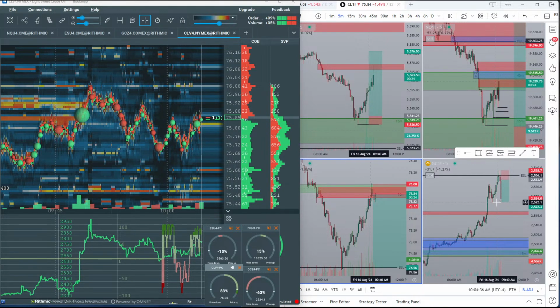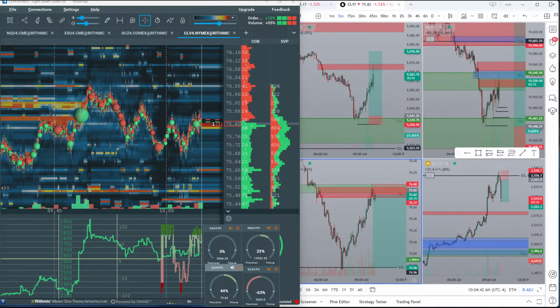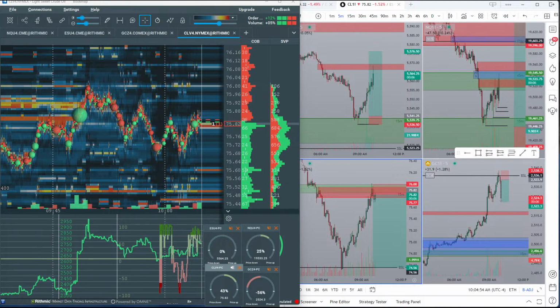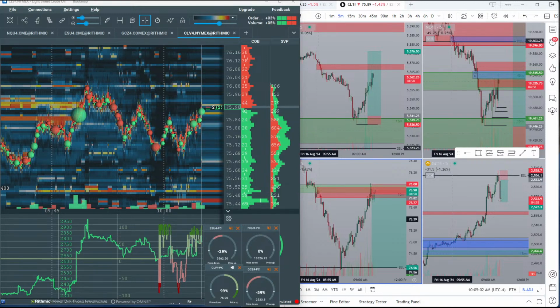NASDAQ gold would have hit our first take profit on the shorts if we ended up taking those. We didn't. Some strong buying pressure again in crude there.